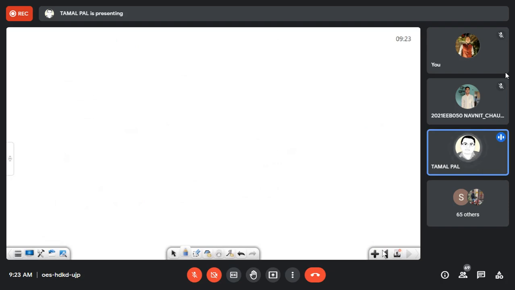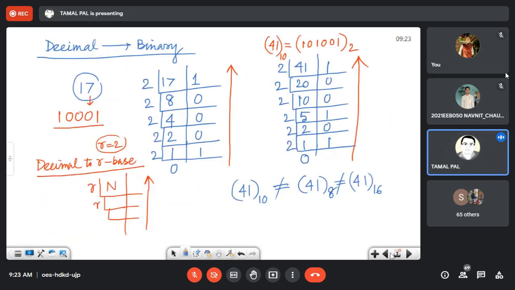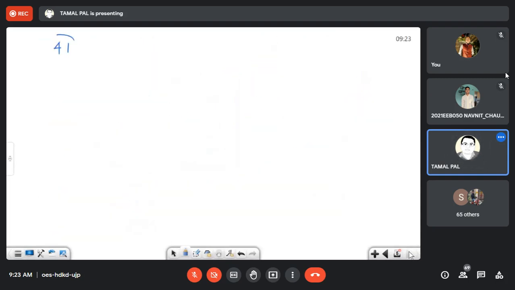So let us convert 41 also. 41 means 1 0 1 0 0 1.